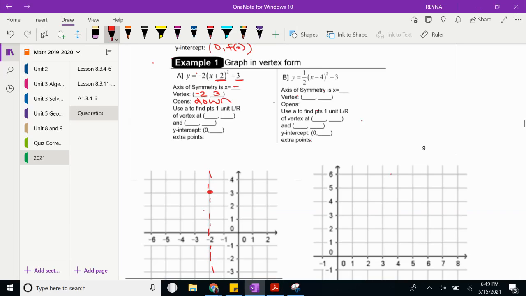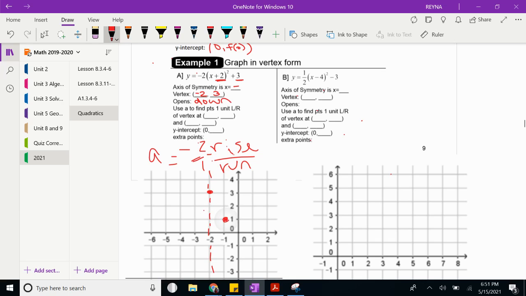So we're going to use our a, which is negative 2, to help us find some other points. So a is negative 2. If we write that as a fraction, that's negative 2 over 1. This would be my rise, and this would be my run. So we start from our vertex, and we go down 2 boxes and to the right 1 box.